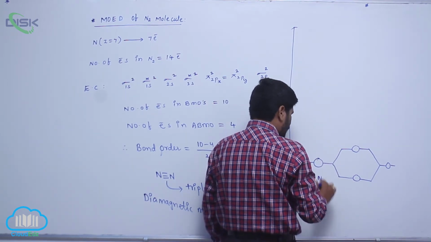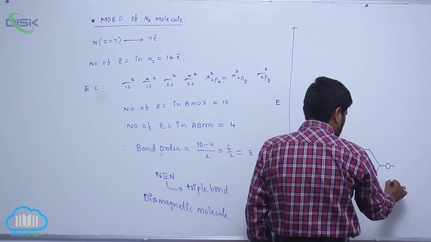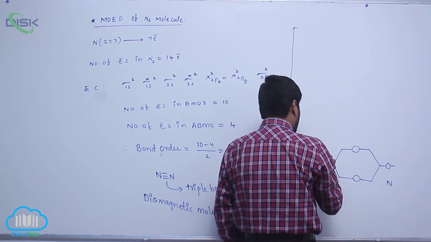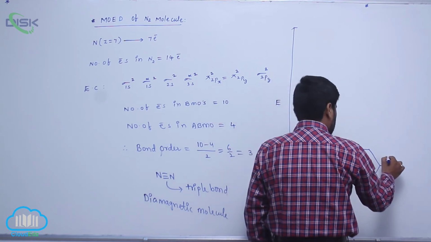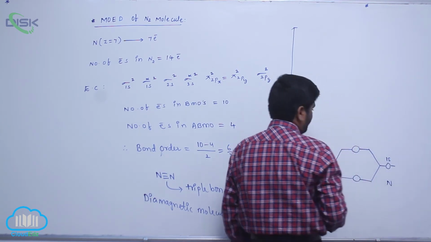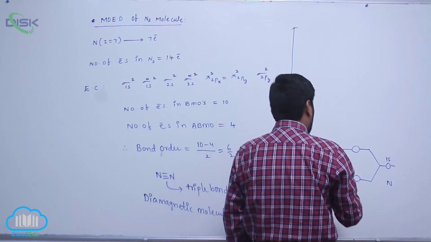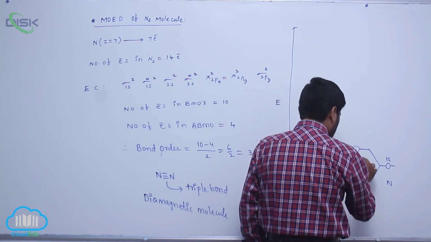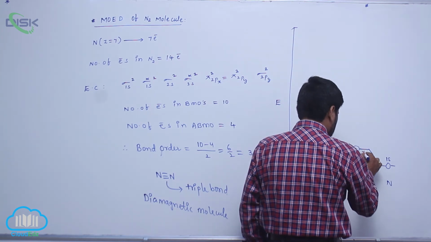Here is one nitrogen atom and here is the other nitrogen atom. This is the 1s orbital, and this is also a 1s orbital. After that we get sigma 1s, and here sigma star 1s.